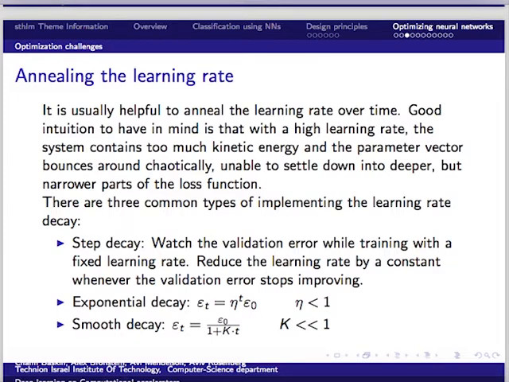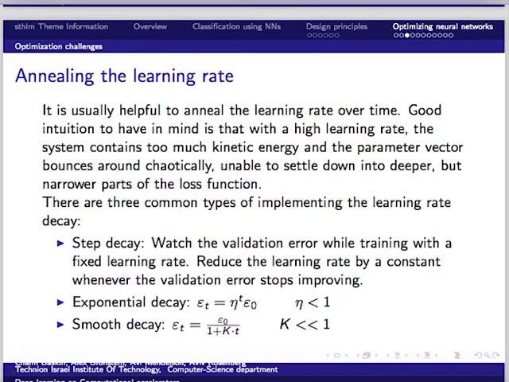Like the ball. So you need to reduce your step to get into these small curves. So what we actually do is annealing, or reducing.